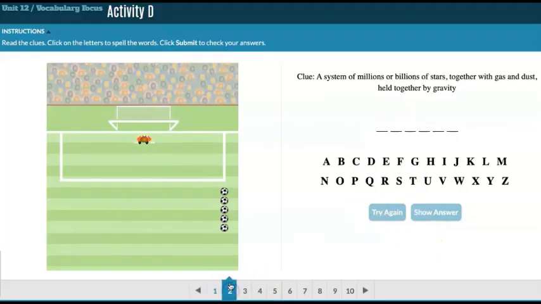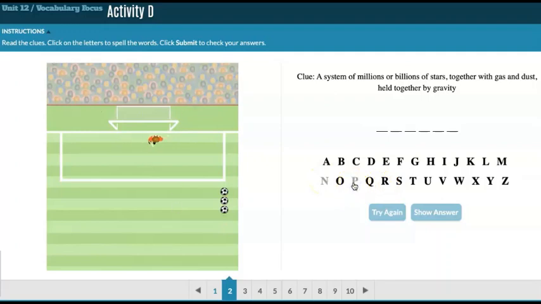Next one, number 2. A system of millions or billions of stars, together with gas and dust, held together by gravity. And S. No. O. No. T. Come on, help me. M. Oh no. I don't know, guys. E. Oh my gosh, I don't have it. Let me start once again.